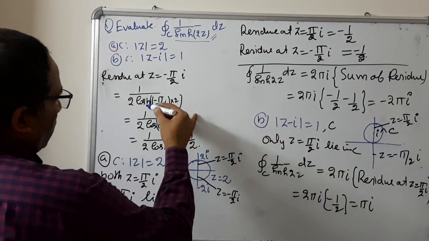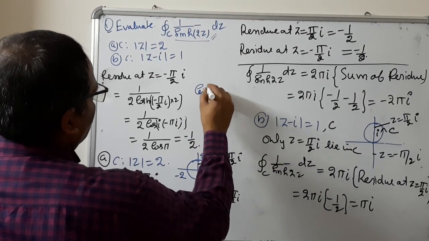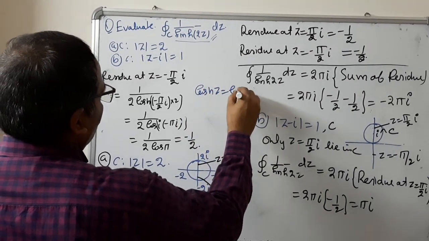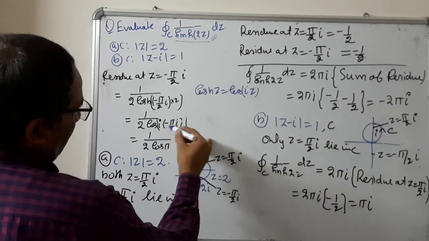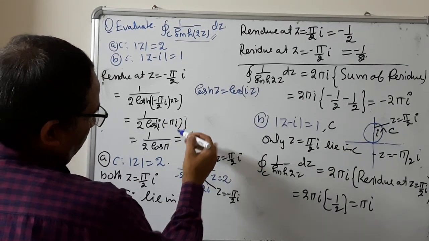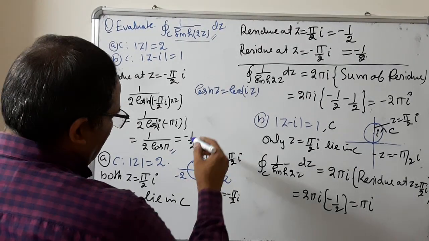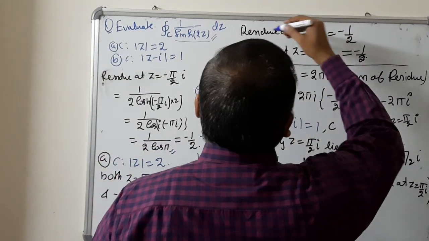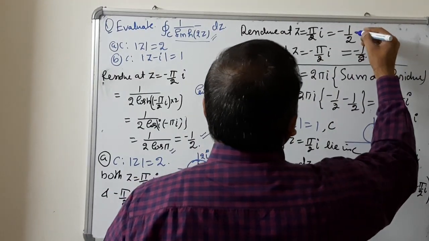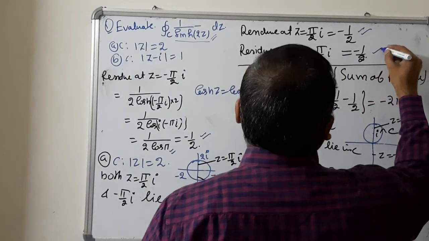We know cosh z is cos iz. Putting in iz, i into i gives minus 1, so we get cos pi. The value of cos pi is minus 1, so we get minus 1 by 2. That means the residue at z equal to pi i by 2 is minus 1 by 2, and at z equal to minus pi i by 2 again minus 1 by 2.